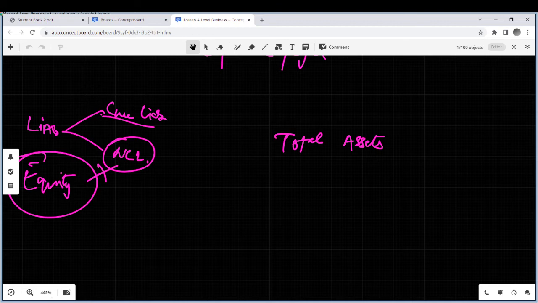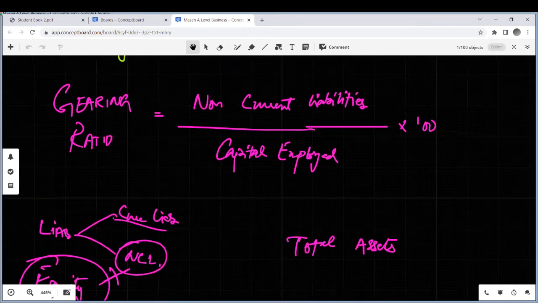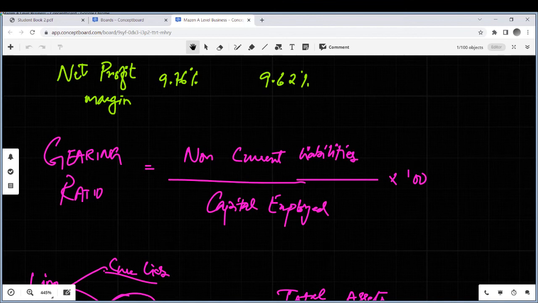Agreed? So when we are calculating gearing ratio, what is the ratio of non-current liabilities in this total finance available with the business?